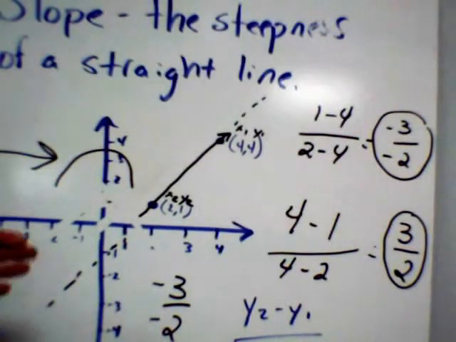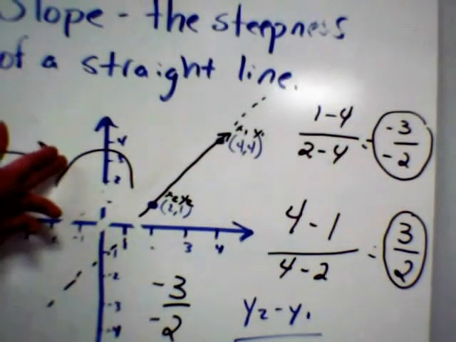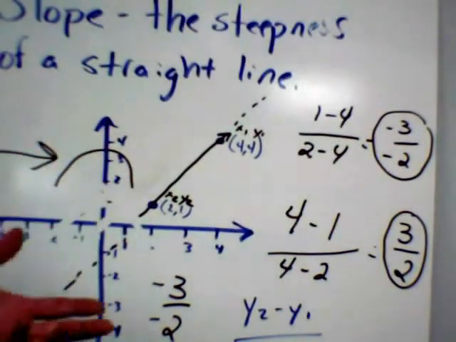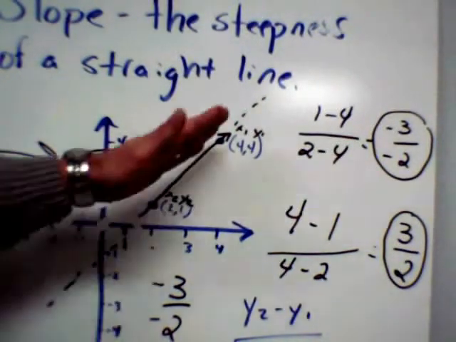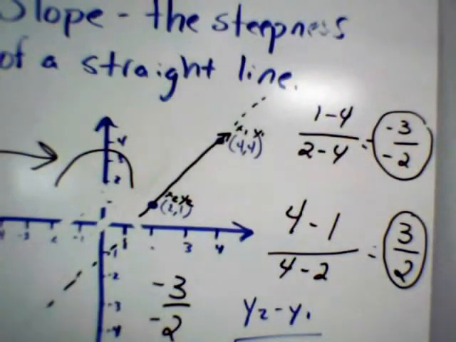There's no way to calculate it because there's no pattern. So it can change by going up one and over one at one point, and then be totally the opposite as it crosses the y-axis. So variable rate of change, constant rate of change. This is the calculation for slope. Good luck on this. We will keep working on this in class, but this is your introductory lesson.